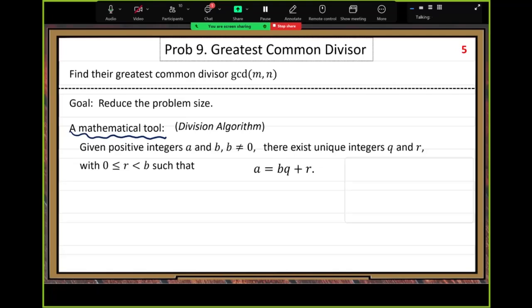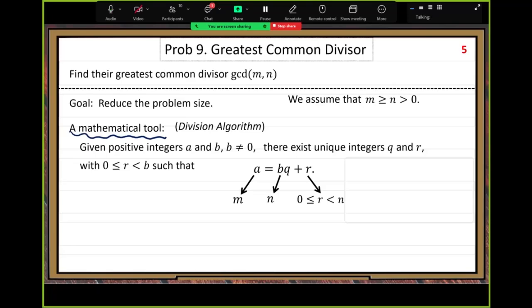So let's look at the work to do. A, B, we replace by M and N. When we do the size reduction, let's just assume M greater or equal to N. If not, we just swap these two numbers.